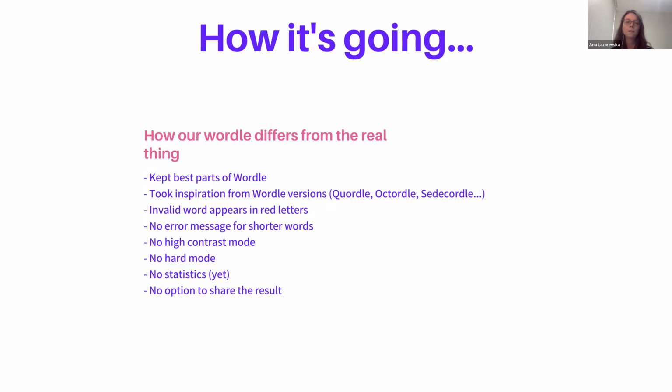The differences between our app and the original Wordle are that our invalid words appear in red letters, we don't display an error message for shorter words, and we don't have the high contrast mode yet. No hard mode yet, statistics are probably going to be coming up in the future, and we still don't have the option to share the results.